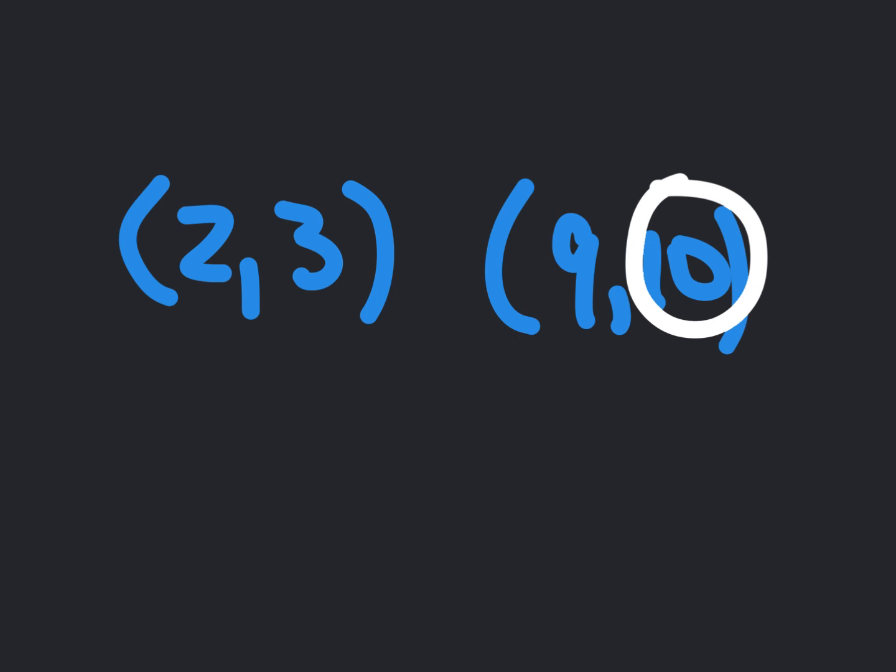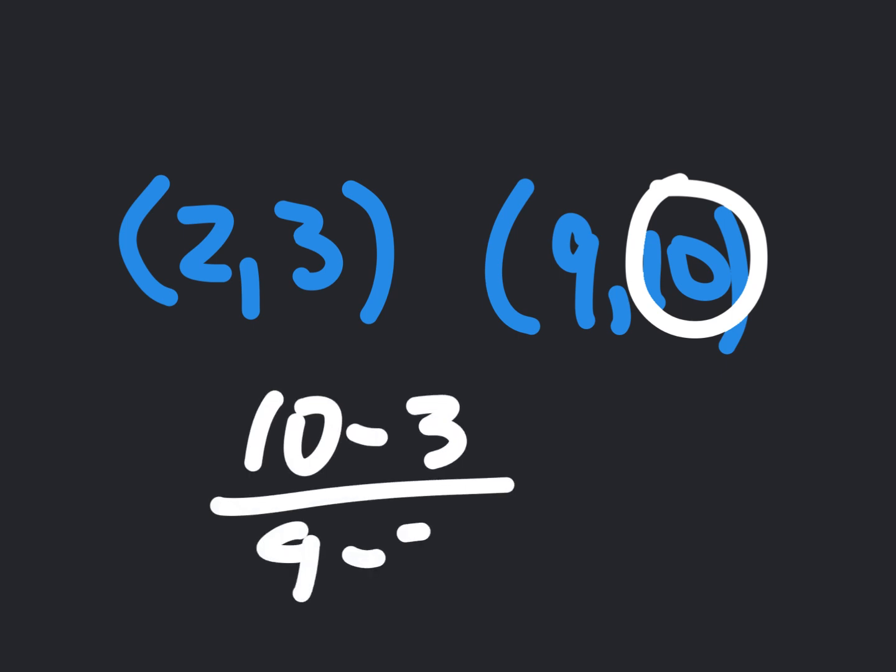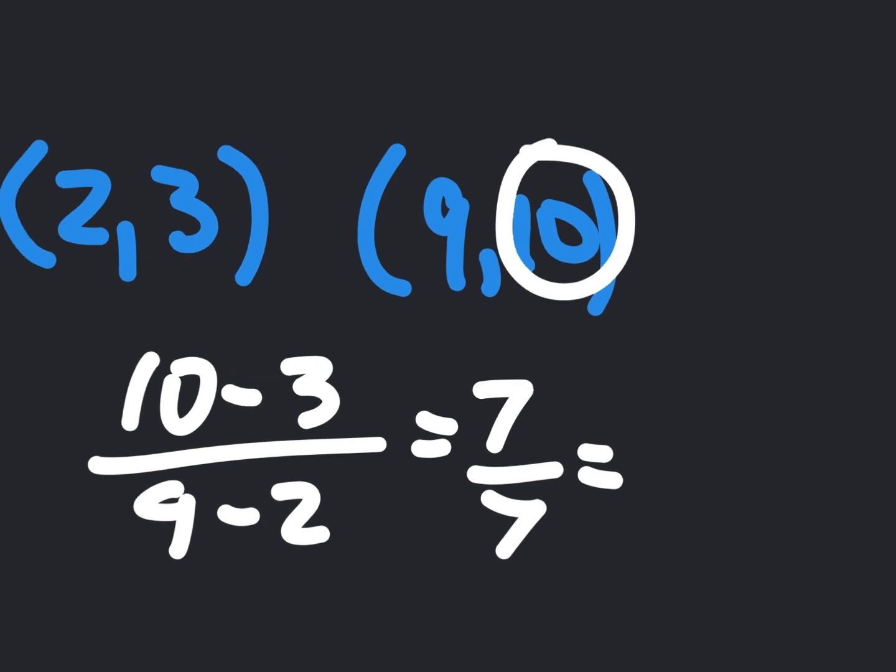Once you're starting, you just kind of finish the little pattern. 10. And I think many of you know, to find the slope, you're just going to have to subtract. All right. So 10 minus the 3 is 7 over 9 minus the 2. 7 over 7, and therefore 1.